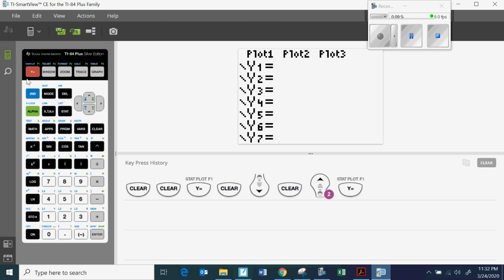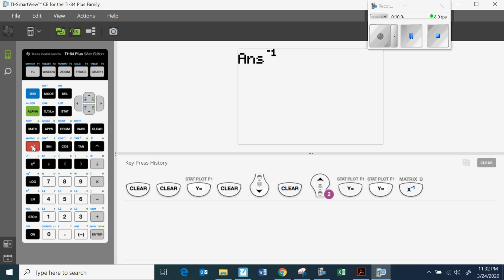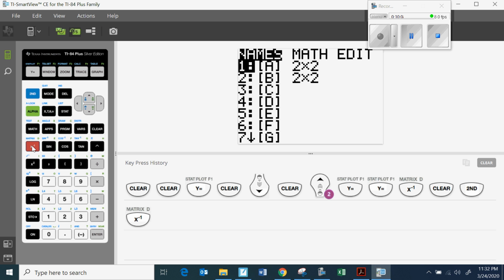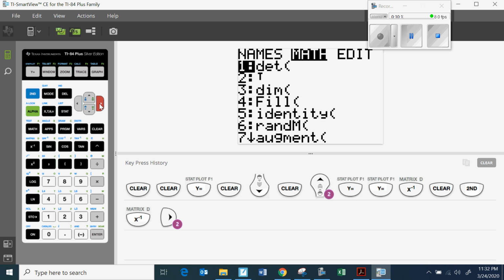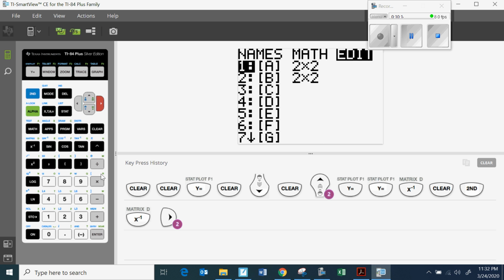So how do we plug in a calculator again? Second, down here, x to the negative 1 is matrix. Oh, the second didn't stay. Second, inverse, there we go. Now, when you're inputting the matrices themselves, that's under edit. The first one is going to be matrix A. Notice it's already got a 2 by 2 matrix in there, but our B, we want to be 2 by 1, so we're going to change those dimensions.